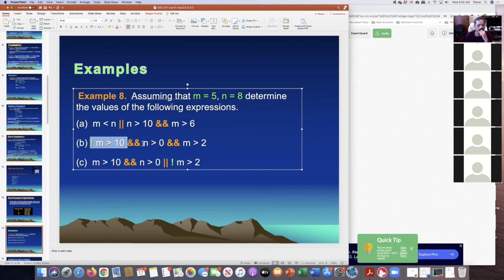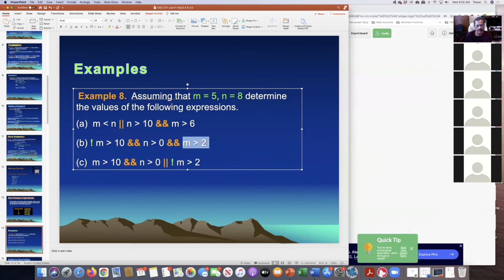And combining that with n greater than 0, this AND operation will be carried out first because it's on the left. Not m greater than 10 is true and n greater than 0 is also true. So this combination will produce a true. And now going to the second AND operator, the left side is true.